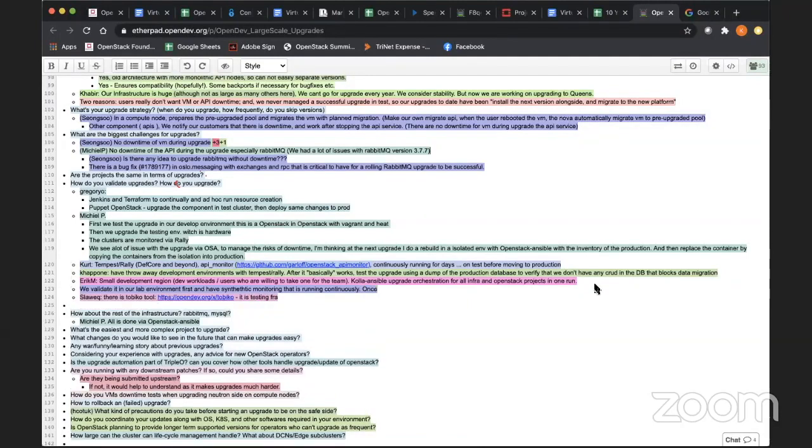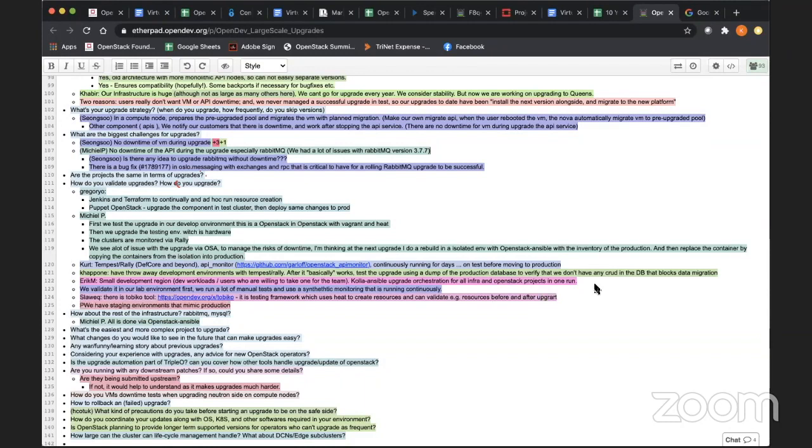One of the things that we do is have Rally running against the cloud every 5 minutes with a bunch of SLA requirements that are codified inside Rally. And then we just make sure those are always running and passing.